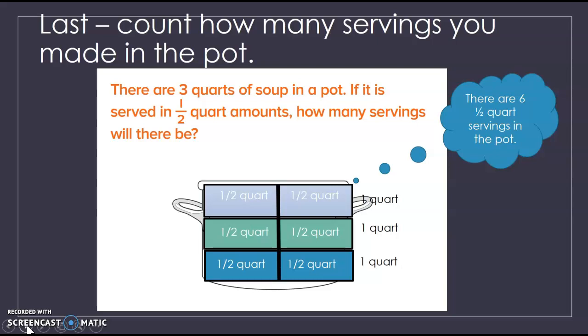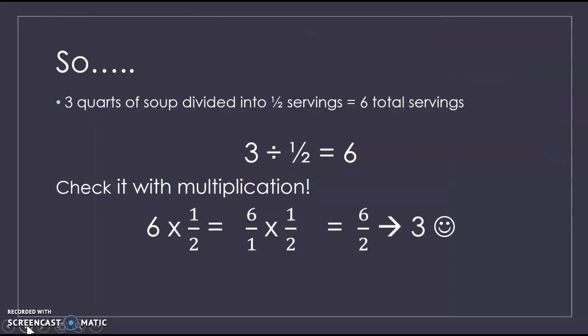So kind of wrapping up this thought here, we have 3 quarts of soup divided into half-size servings. We end up with 6 total servings in the pot. So 3 quarts split into half-size pieces gives us 6 portions of soup. We could have drawn that differently with 3 separate pots and split them into halves. You'd end up with that same 6.